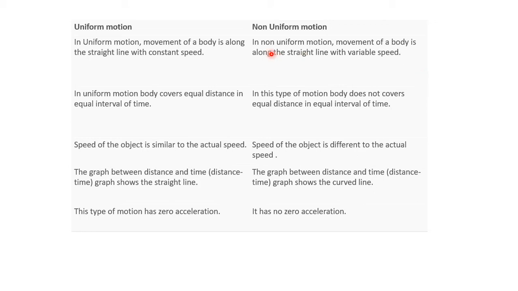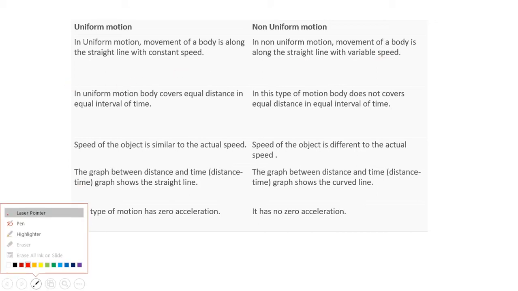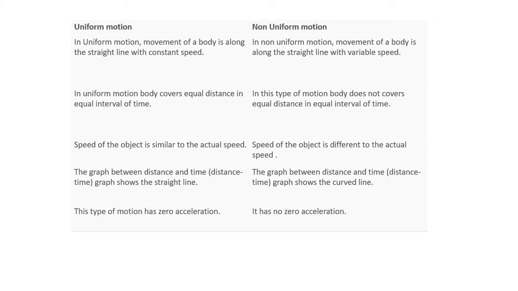And in non-uniform motion, the movement of a body or object or car is along a straight line with variable speed. Here speed is varying. Suppose this is point A and this is point B. Variable speed means if it covers from point A to point B, and the speed here is 10 km per hour, here you will see some changes.